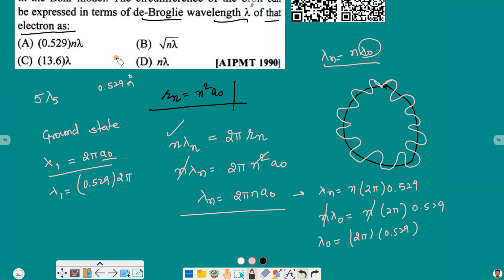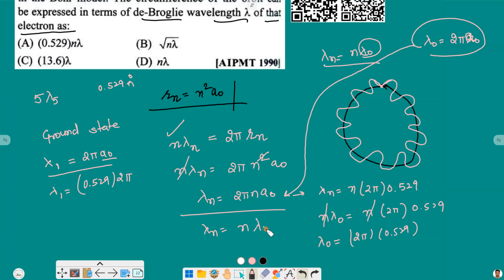But it still does not match with any of the given answers. So what we can do? Let us also write lambda node. Now lambda node is equal to 2 pi times a node. Sorry, we are taking a node. So this will give us lambda n is equal to n times lambda. So basically this was the relation we are already using. So I think we have to devise it. We don't have to use it. So for that, what we can do?